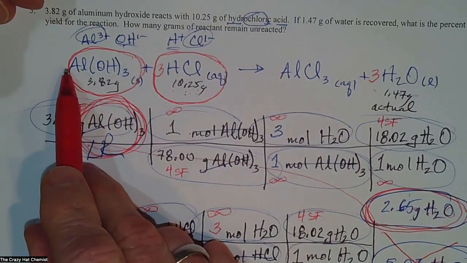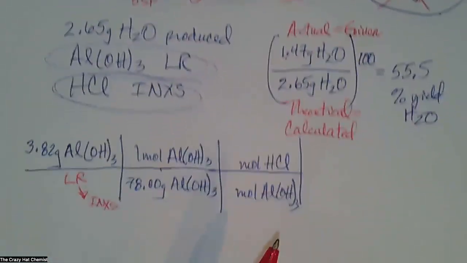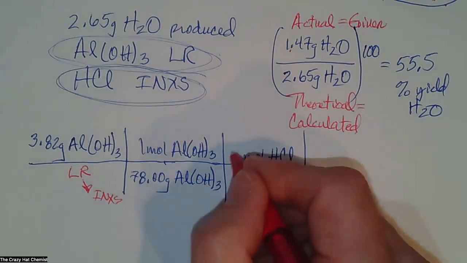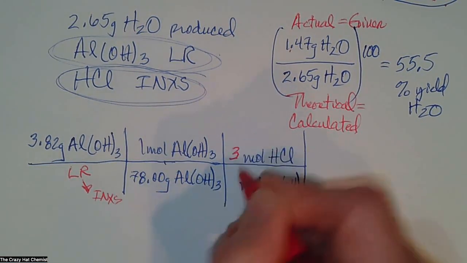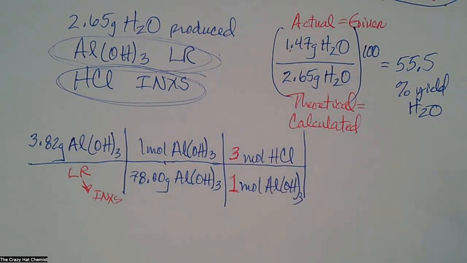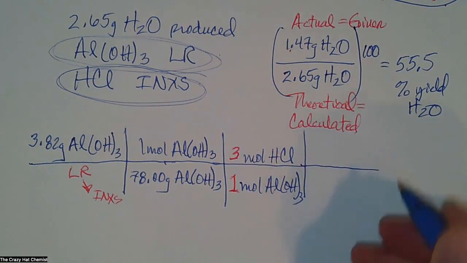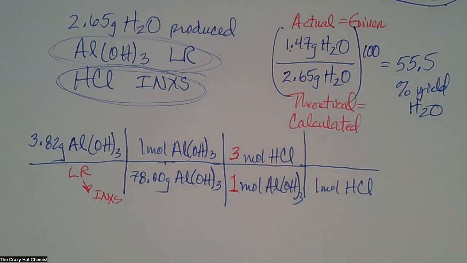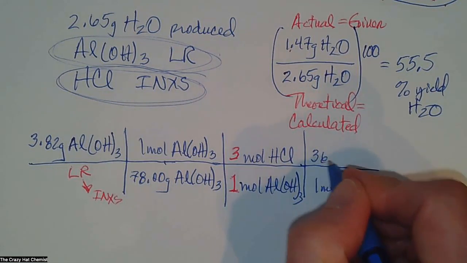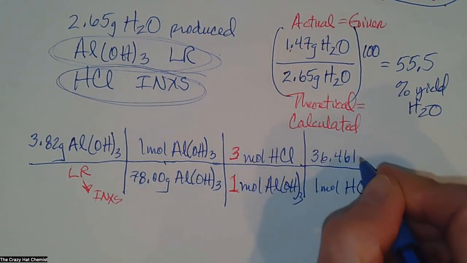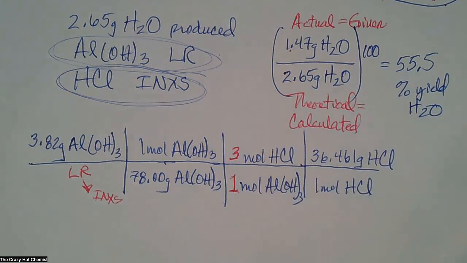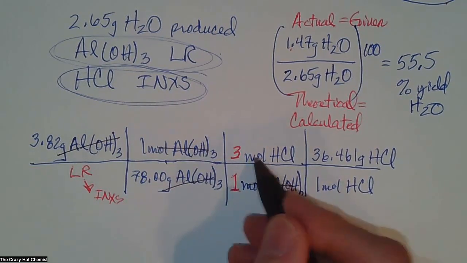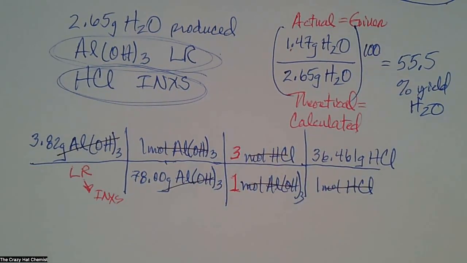That's 1 for the aluminum hydroxide, 3 for the HCl. That is 3 for the HCl and 1 for the aluminum hydroxide. And then I got one more step here, 1 mole of HCl, and then the molar mass for HCl, which is 36.461 grams HCl. When I do this, I'm canceling out grams of aluminum hydroxide, moles of aluminum hydroxide, moles of HCl, and I'm left with grams of HCl.